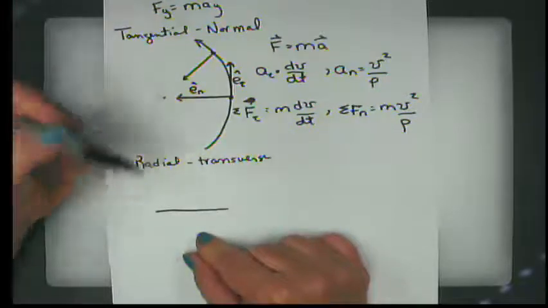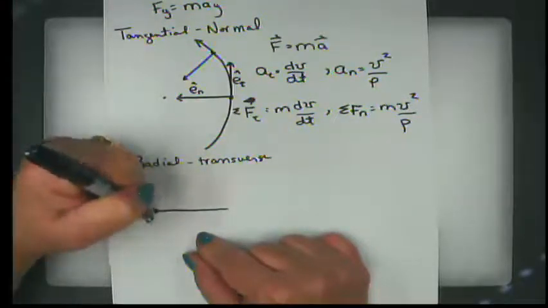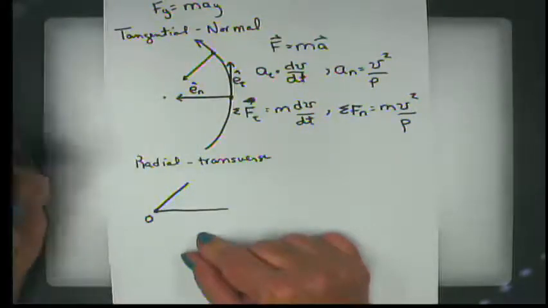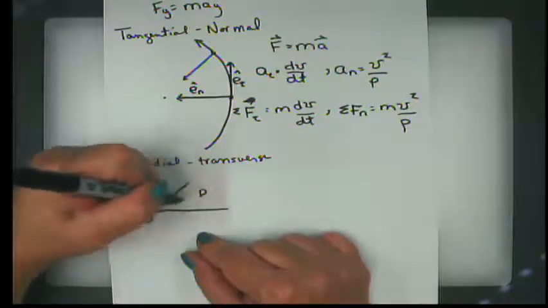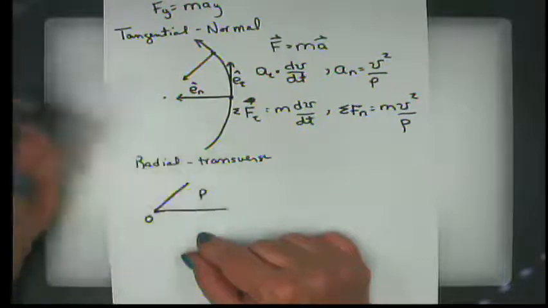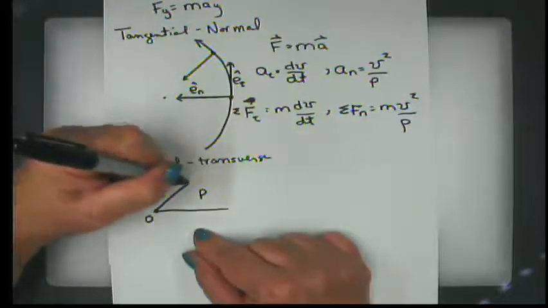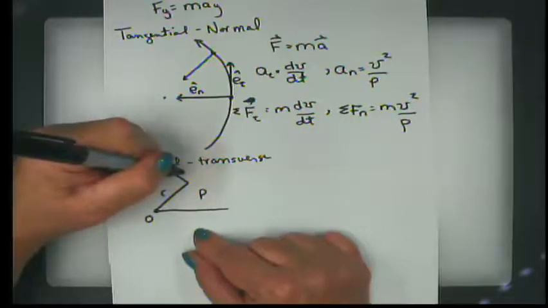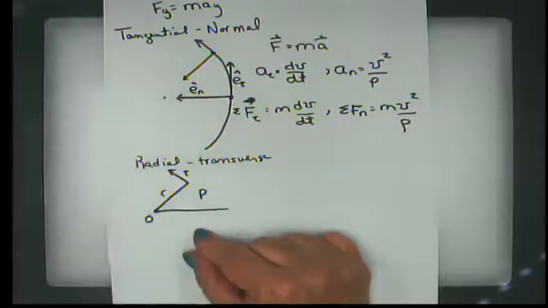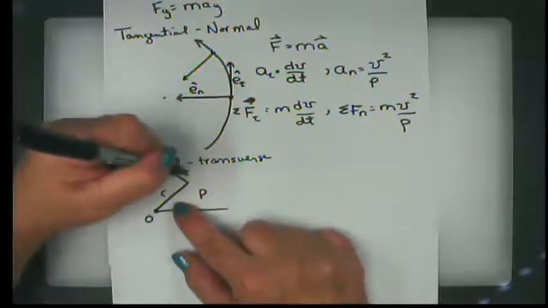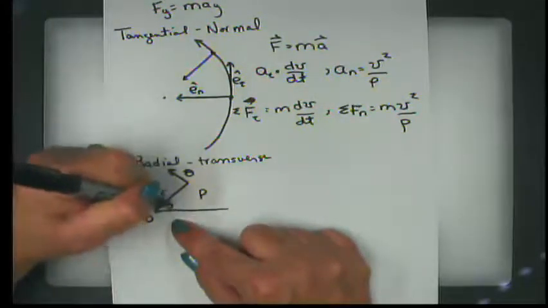If we have a point of origin O, and we have something that is moving, some point P, we can divide the motion into a radial and transverse direction. Now we're going to call this theta.